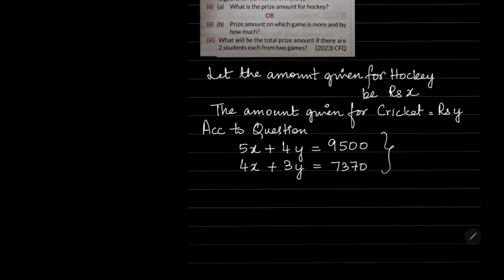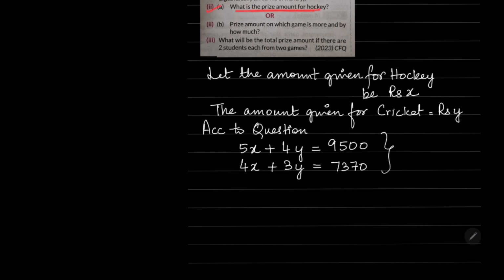This is the information given in English sentences, and what we have done is translate or convert the English sentences into mathematical, or algebraic, expressions. That's all we have done. So this is the first question.